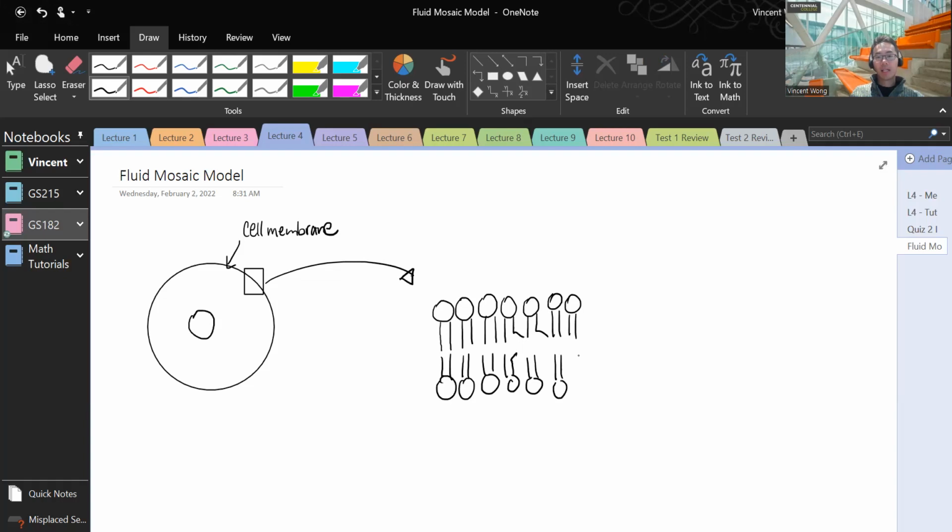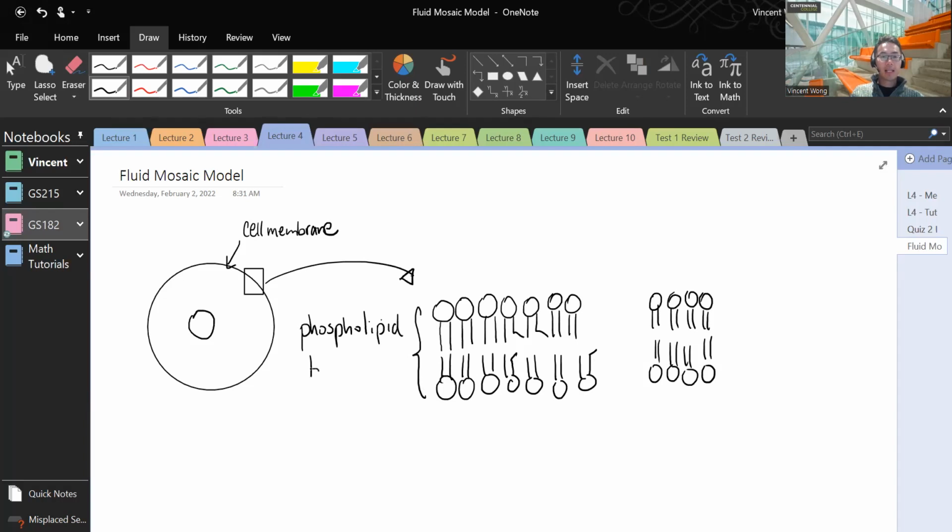Sometimes you would have less. It really depends on the type of cells that we are looking at. Okay, but the key thing to know here is the membrane is composed of 2 layers of phospholipids. So that's why this whole thing is called a phospholipid bilayer.